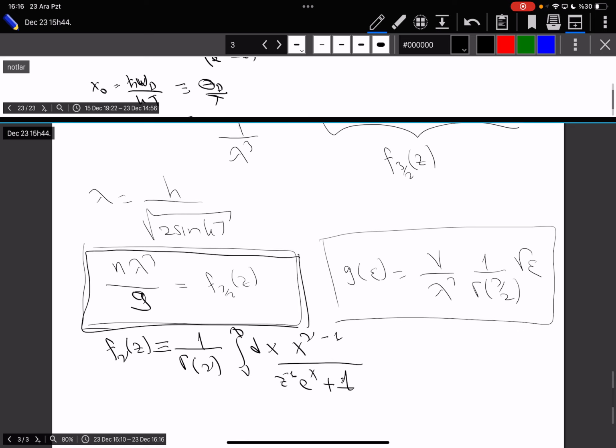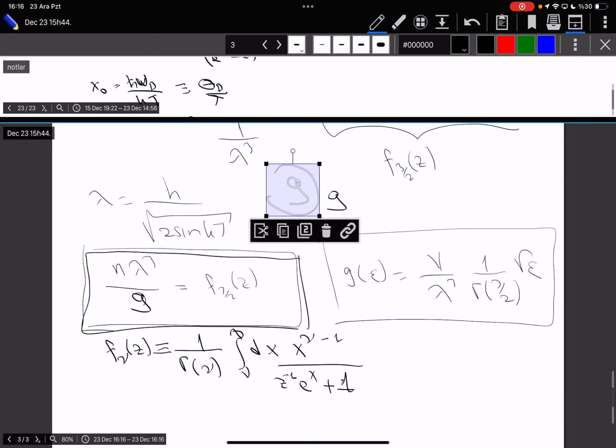That is not 9. Just last month I learned the proper way of writing 9, because this is my 9. This is my g. So I was told that the proper way of writing 9 is this one.